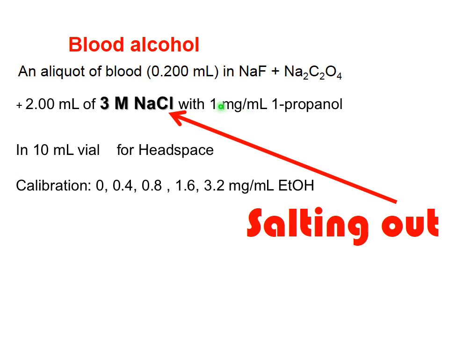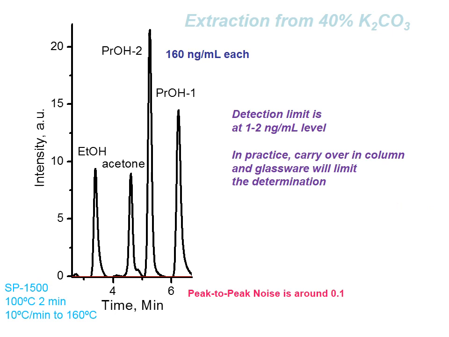And you are adding internal standard propanol, so you know how much it is added, and you can compare this peak to your alcohol peak. Then you do calibration with different amounts as usual, and you analyze your sample. This is a standard procedure for blood alcohol test.